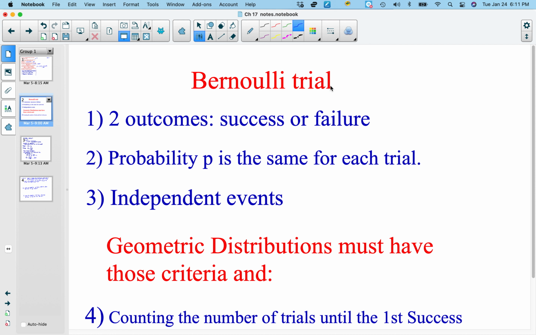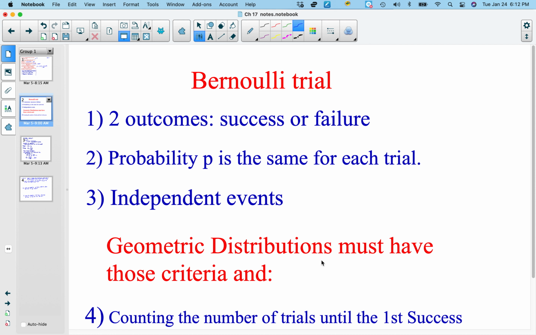To be a Bernoulli trial, there can only be two outcomes, success or failure. The probability of success, P, has to be the same for each trial, and you have to have independent events. These three things have to be true in order to be Bernoulli.